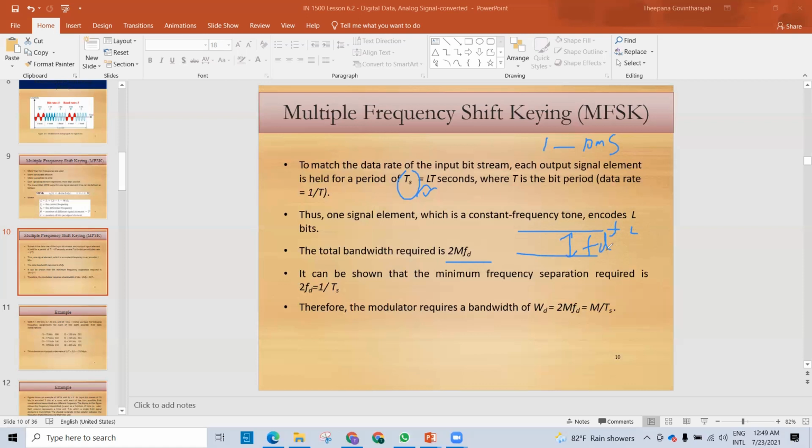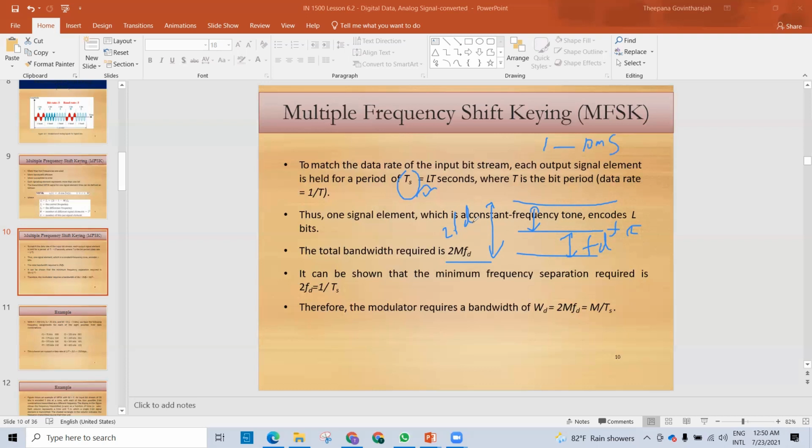But as I have already mentioned, it should be an equal and opposite amount from the carrier frequency. So the next opposite one will be another FD. So the total deviation is 2FD.